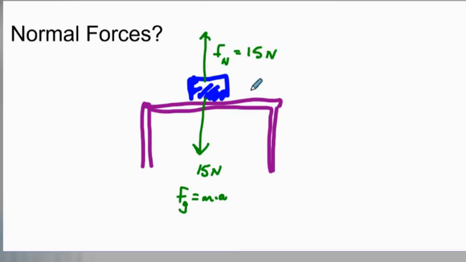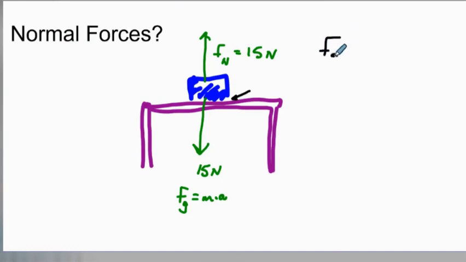So let's talk about what that is and what's going on. Well, there is a surface in here, and the reason that nothing is moving is because the table is pushing up, and that creates this surface between the two objects. Okay. And so what we see is that our normal force and our force of gravity are equal. Well, let's talk about what happens if they're not equal.